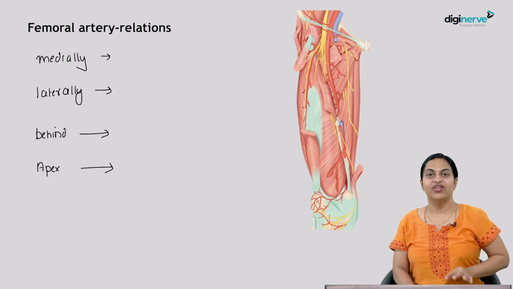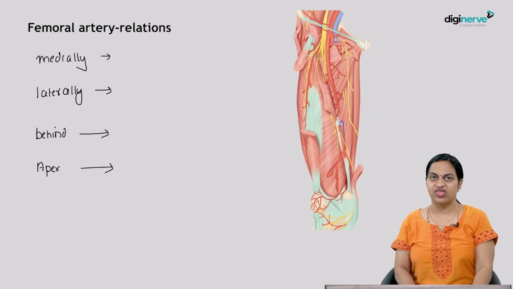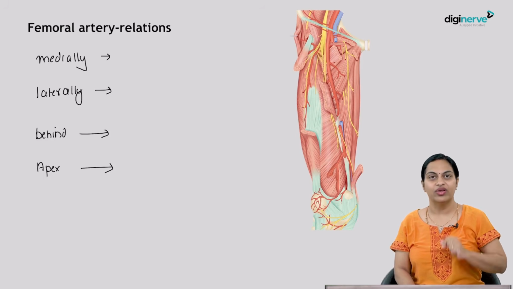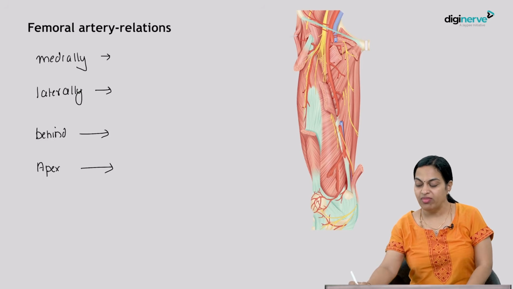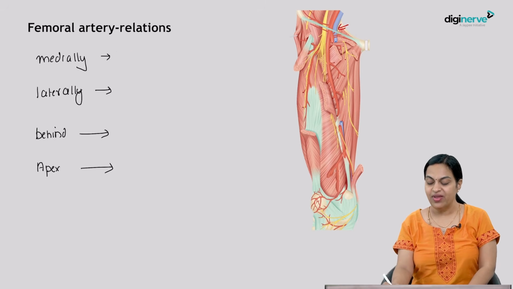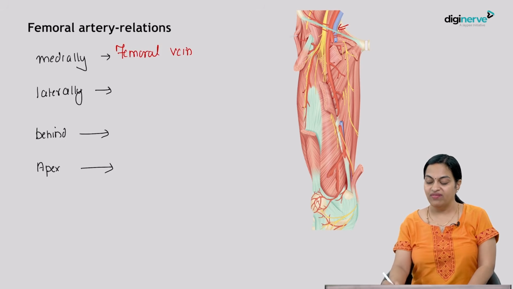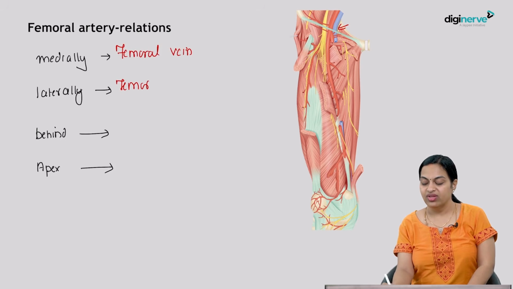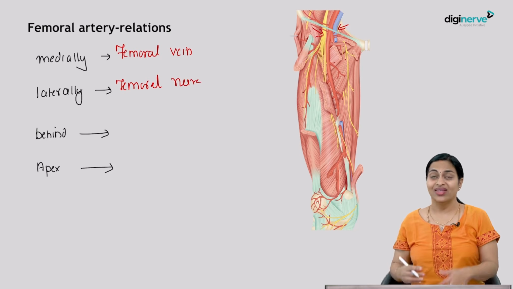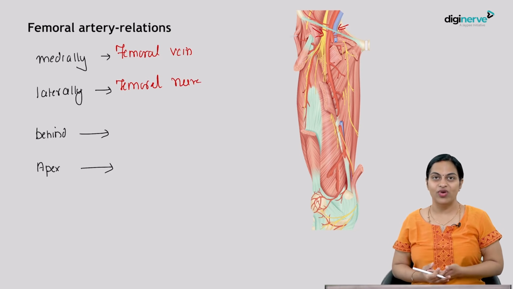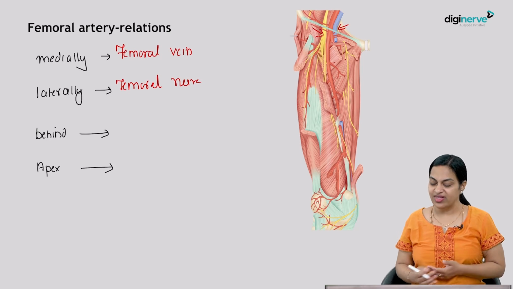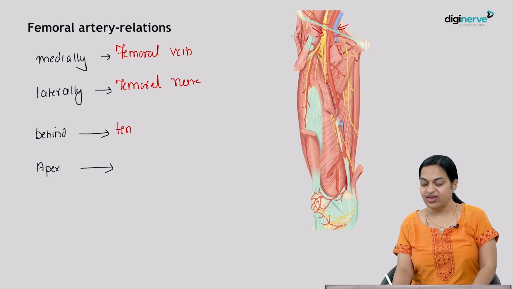So we can identify the femoral artery in an image-based question or in the cadaver. Now let us look into its relations. Immediately medial to it is the femoral vein. And just lateral to it, we have the femoral nerve, the trunk of the femoral nerve. And what lies behind the femoral artery? Which floor muscle? Yes, the tendon of psoas major.